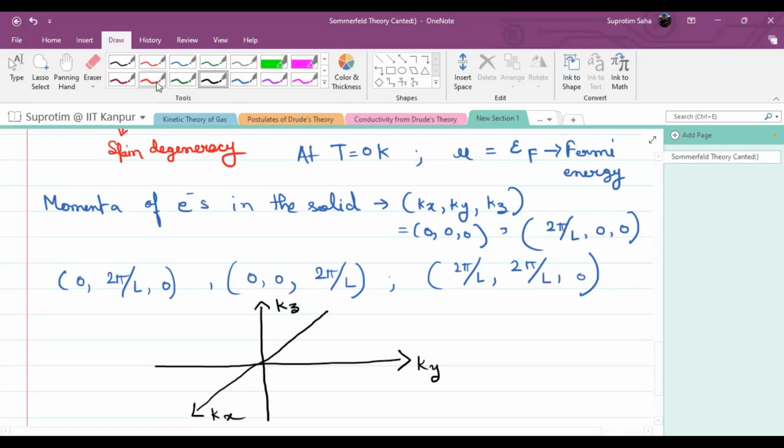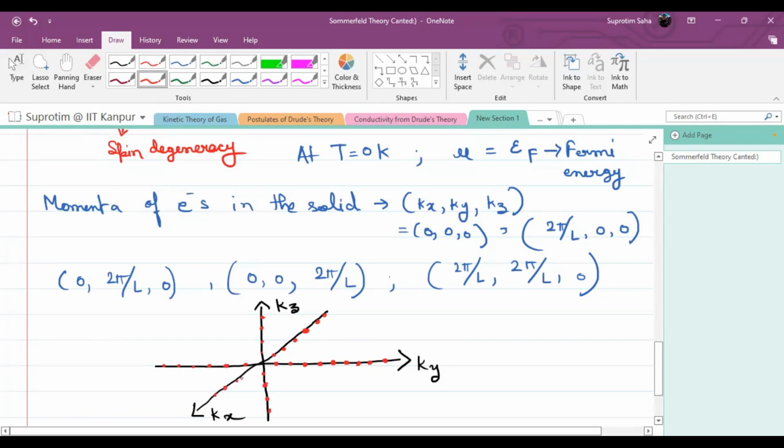So now all possible momenta states are discretized. So like this, you'll have discrete momenta states in each of the positive and negative directions of kx, ky, and kz. Fine. This is how you define the momenta states. And this follows the same for all the directions. These are the momenta states.